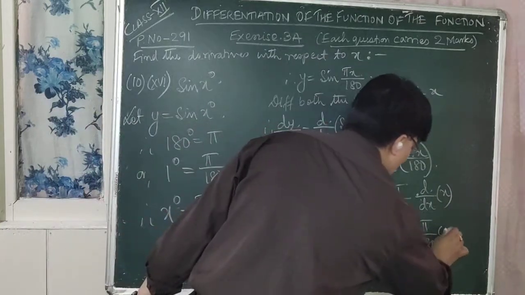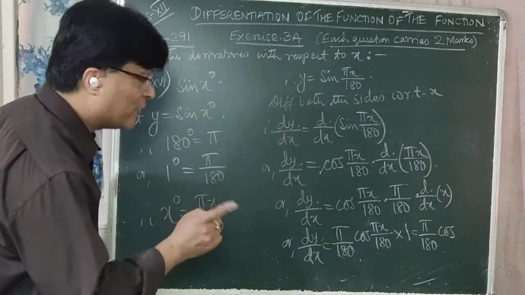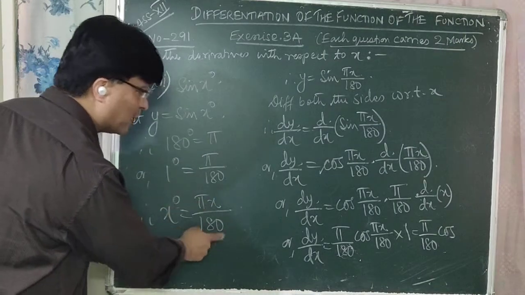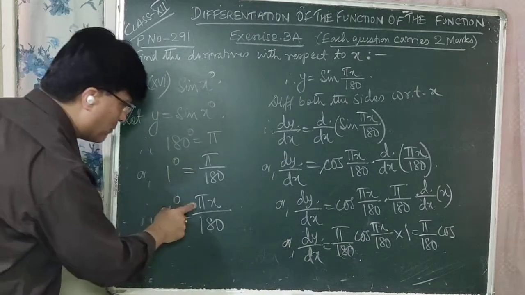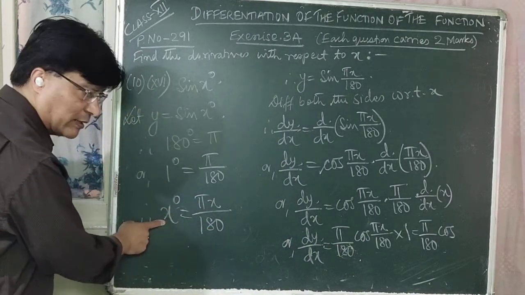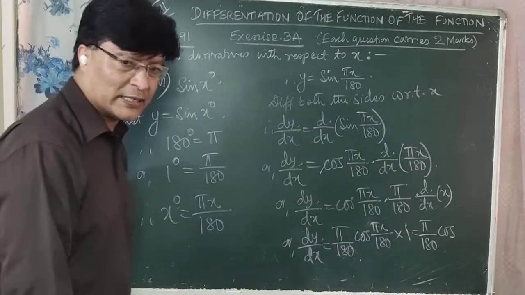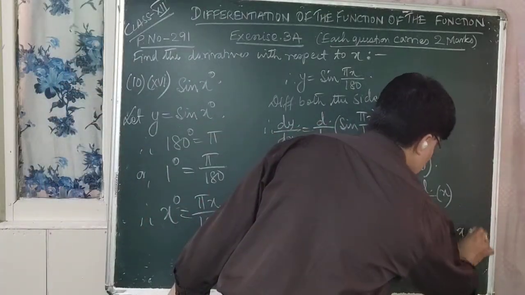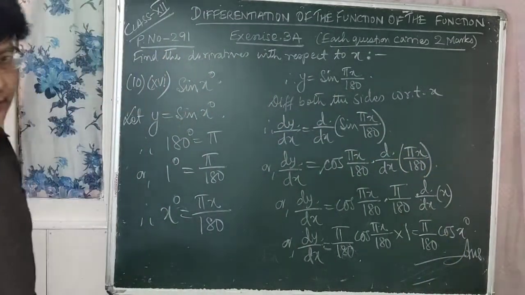Then cos, you can write pi x by 180, or you may write x degree, since pi x by 180 is equal to x degree. So you can write x degree instead of pi x by 180, right? So this is the final answer.